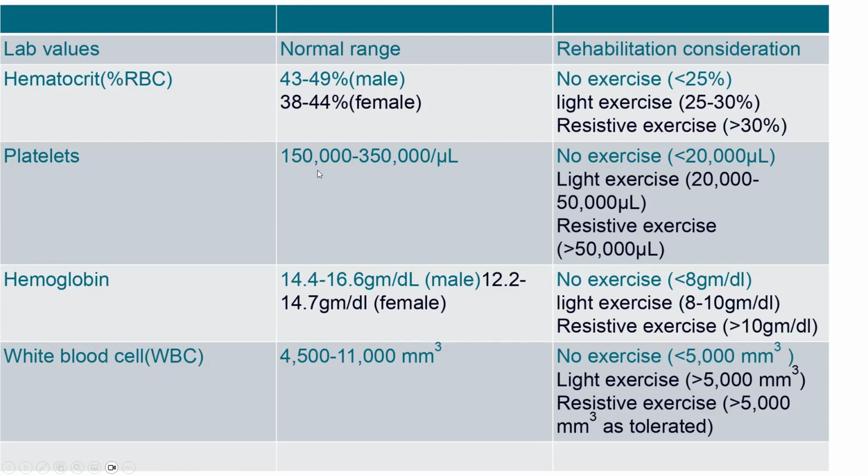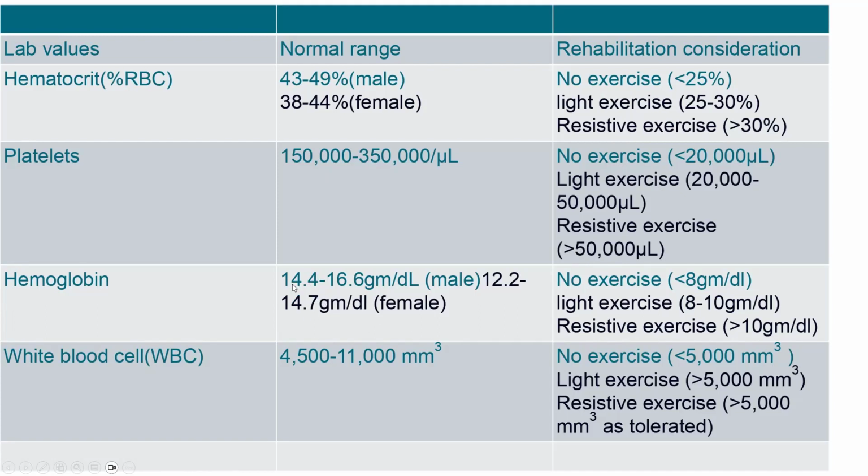Platelets number about 150,000 to 350,000, and some texts say 450,000. Below 20,000, no exercise. 20,000 to 50,000, light exercise, and light resistive exercise can be resumed if the number of platelets is above 50,000. Hemoglobin.